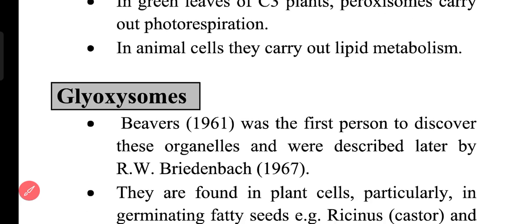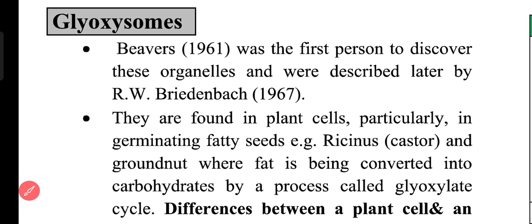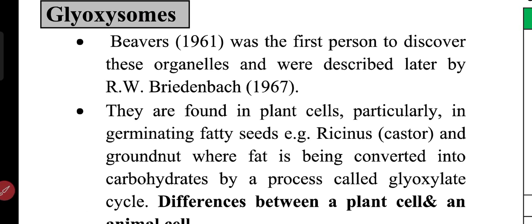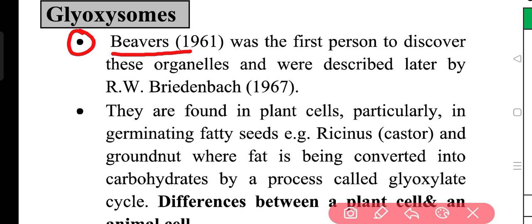Okay. After that, the next cell organelle is the glyoxysome. It is another type of cell organelle present in the cell. First point about the glyoxysome: Beevers, a scientist, was the first person to describe this organelle, and it was described later by R.S. Breidenbach.